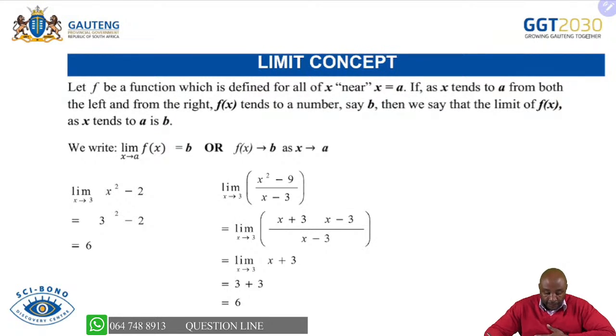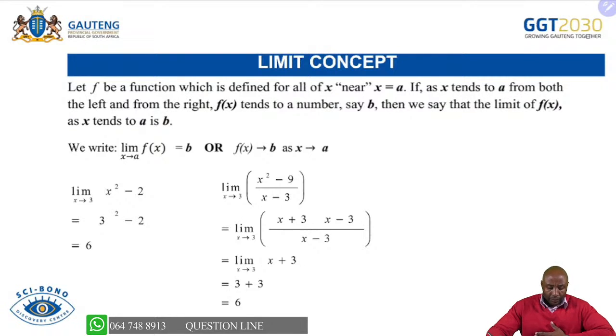We write the limit as x tends to a of f of x is equal to b. Or we use the other notation where we say f of x approaches b or tends to b as x approaches a or tends to a.